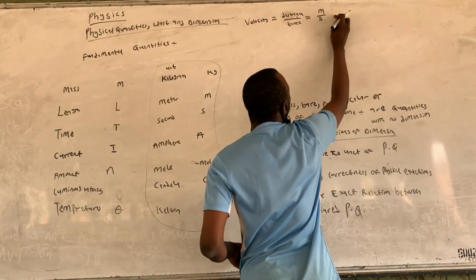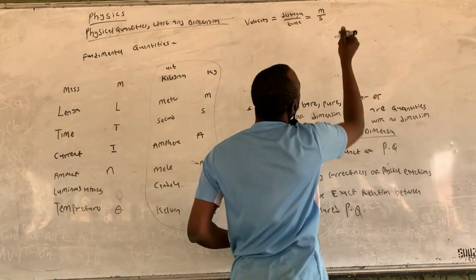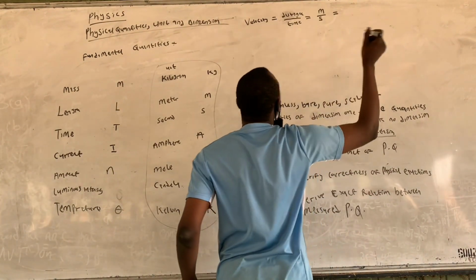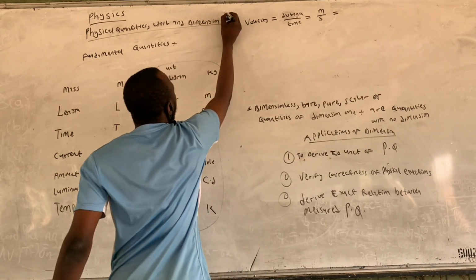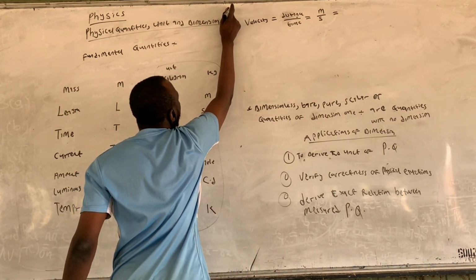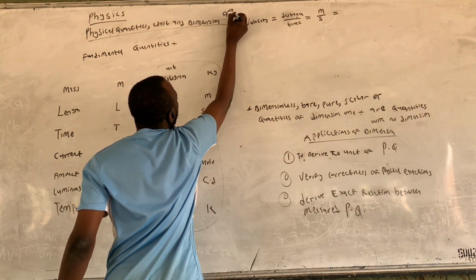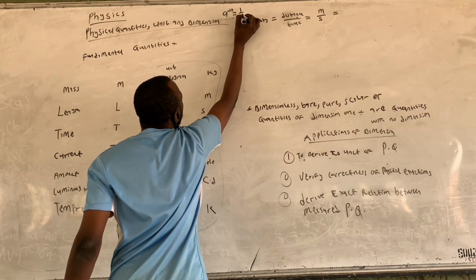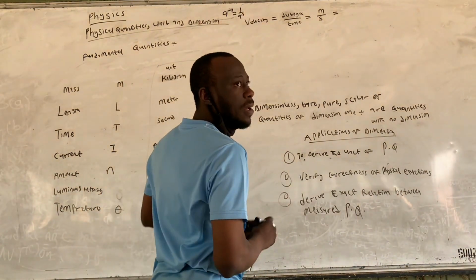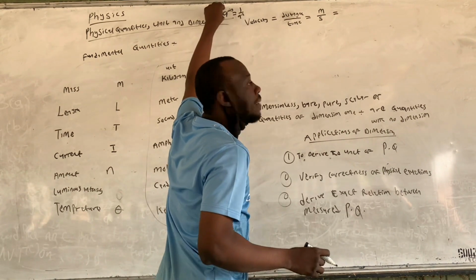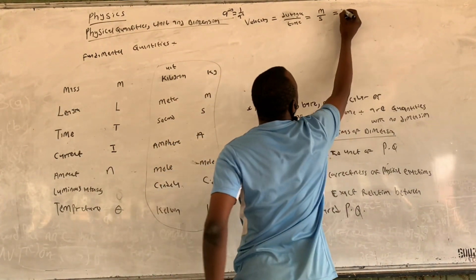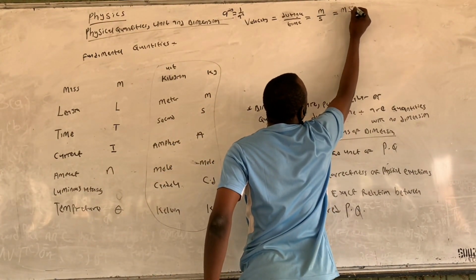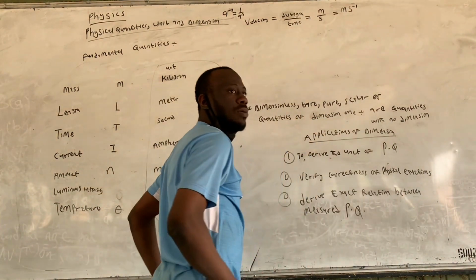This will come up and become a negative sign. The rule says a to the power of minus n equals 1 all over a to the power of n. You see? Meaning this can come up and become this. Then here we have m s minus 1.